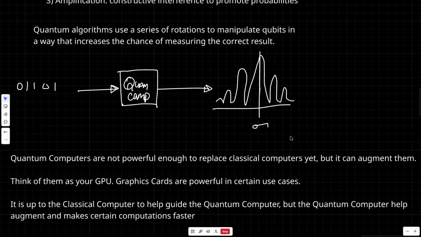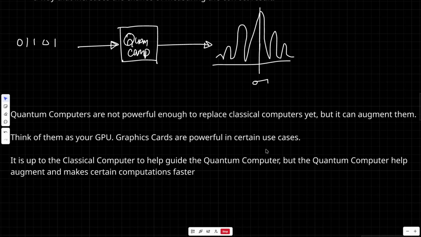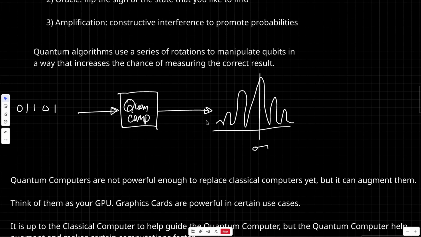But in specific cases, the quantum computer will be able to help the classical computer in the problems it was designed for. For example, factoring, or a linear search through an unsorted database and so forth. And that is the current state of quantum computers within the modern world.